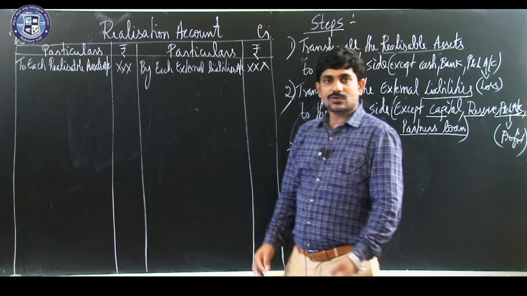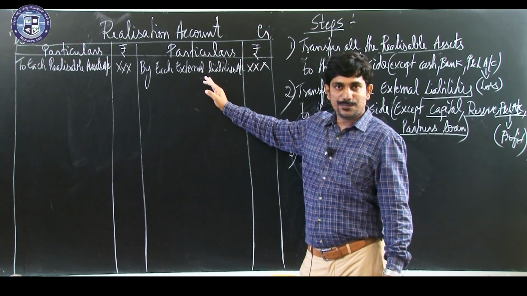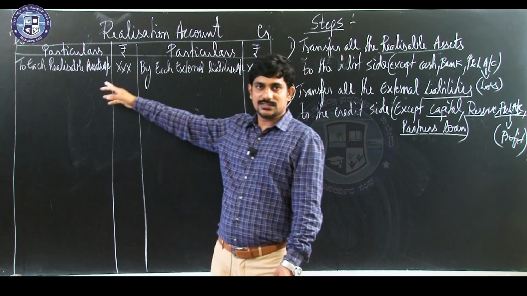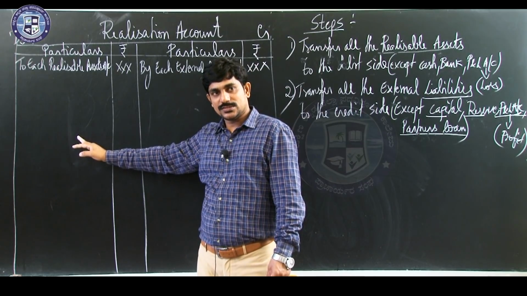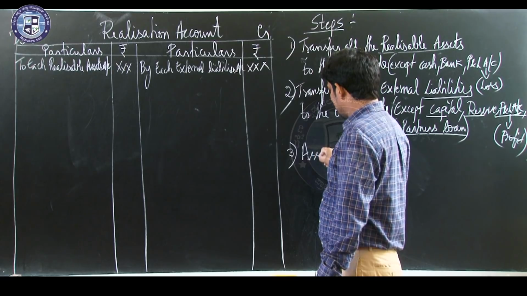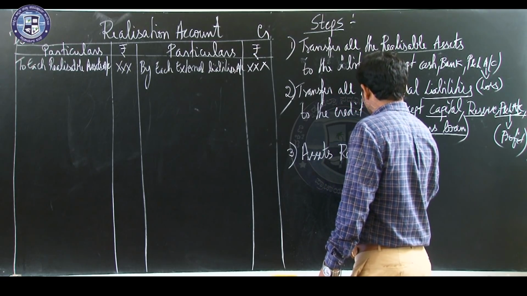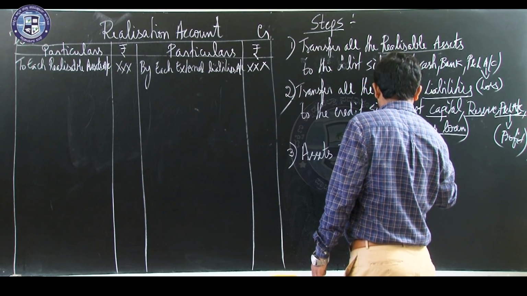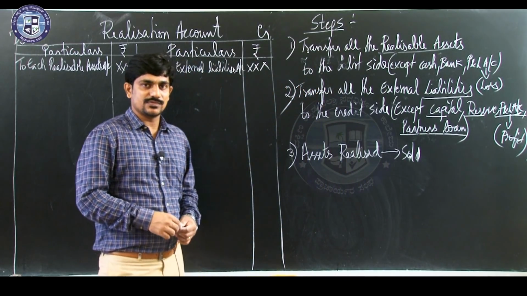Now you have listed out how much assets you can sell and how much liabilities you need to pay. So now you have to proceed with selling the assets. Now you have to go to assets realized. Assets realized means nothing but asset sold. When you are selling an asset, what will the business receive?